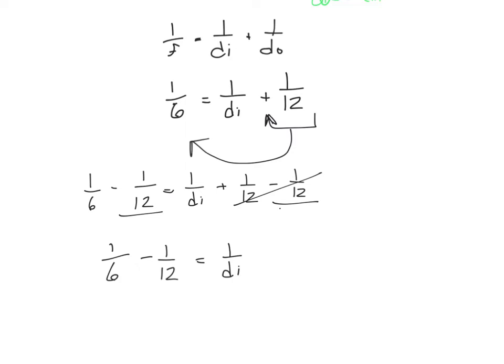So at this point in time, I need to simplify this equation. And to simplify this equation, I need to first subtract these two fractions. If you recall grade 5 or 6 math, actually maybe 7, 8, in order to add or subtract fractions, they need to have the same denominator.